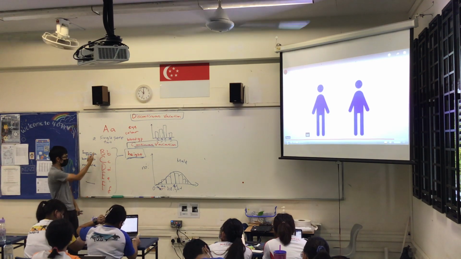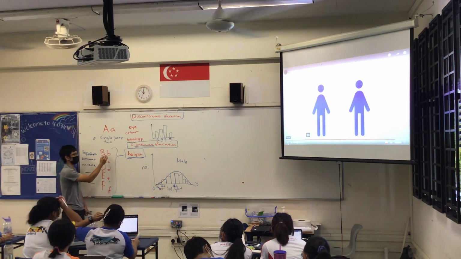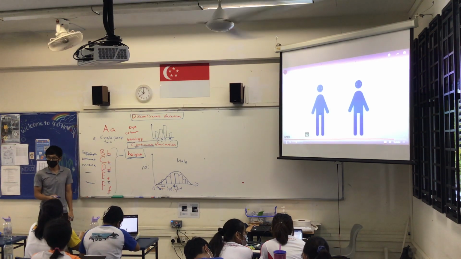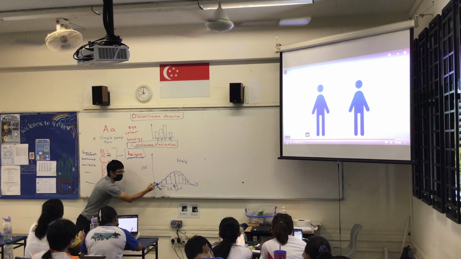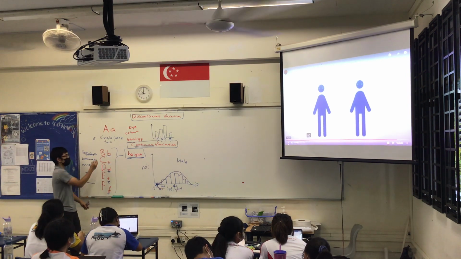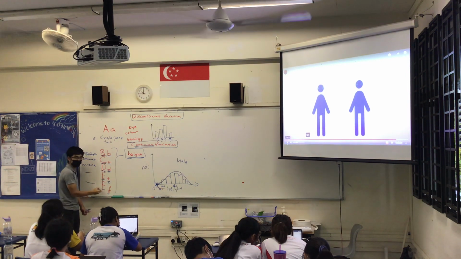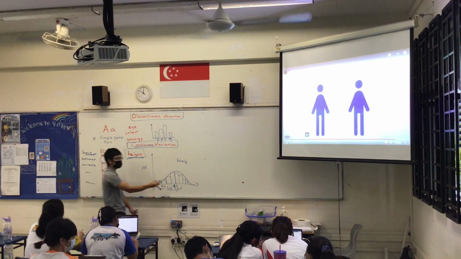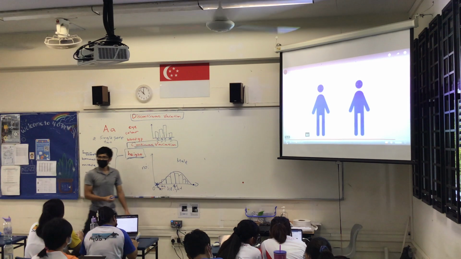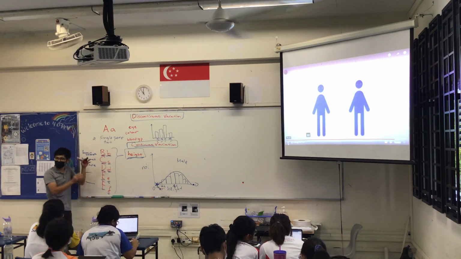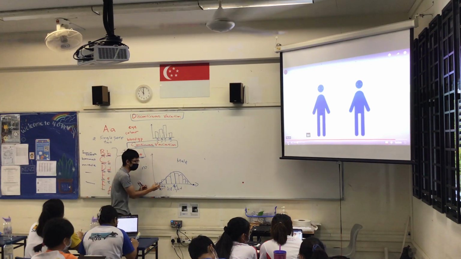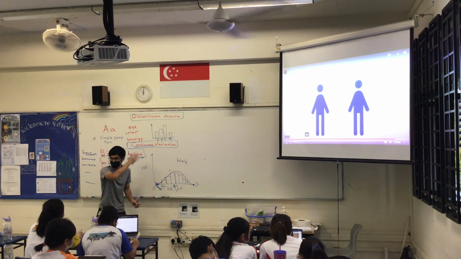Imagine if at every single gene you just get the version of it that will result in shortness, then you'll be this individual over here. But if you get the form of the allele that results in tallness for every single gene, then you'll be this extreme. So you can see a combination of different alleles and genes will result in you falling on different parts of this continuous variation.